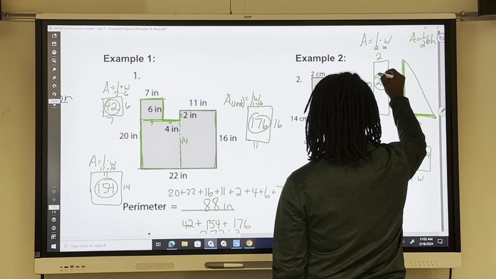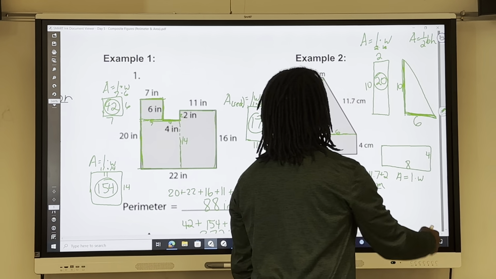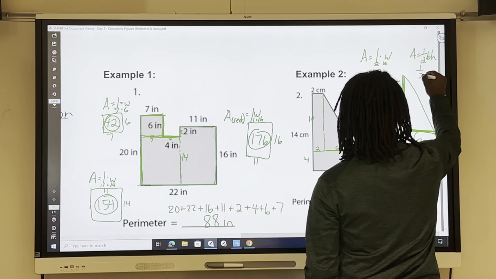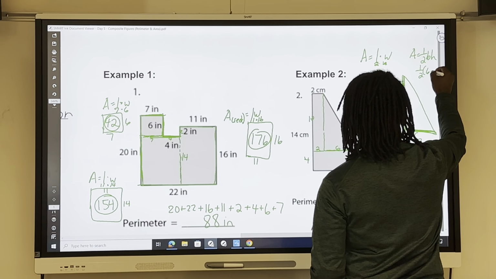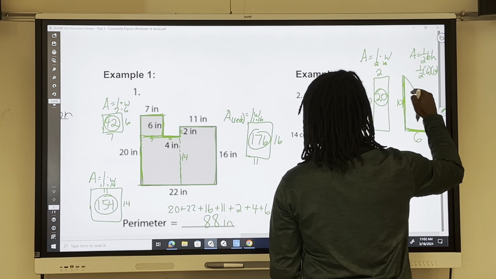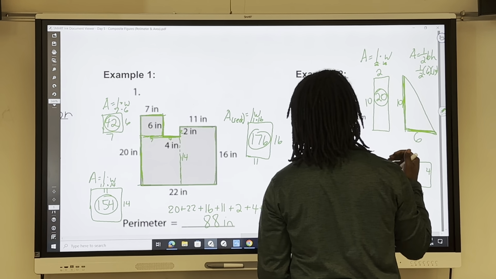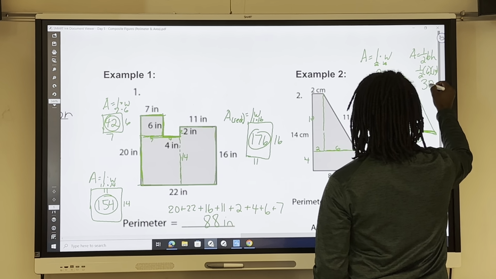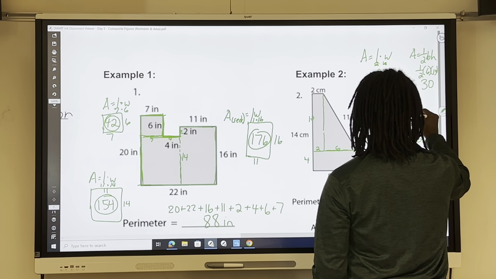The formula for the triangle is 1/2 times the base, which is 6, times the height, which is 10. 1/2 times 6 is 3. 3 times 10 is 30. So the area of that one is 30.